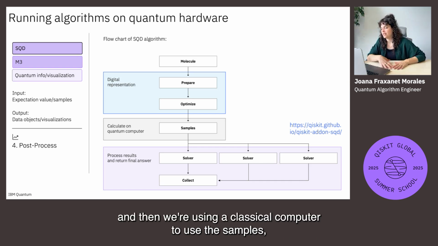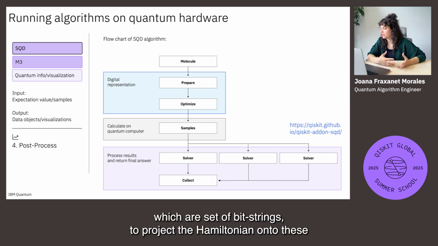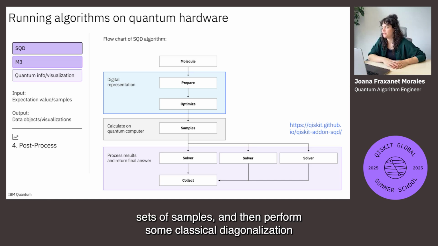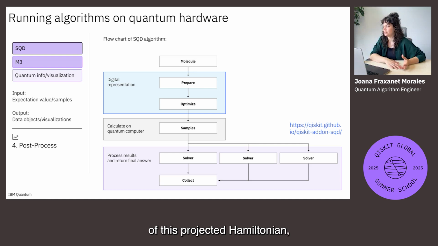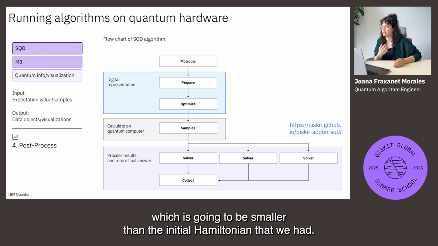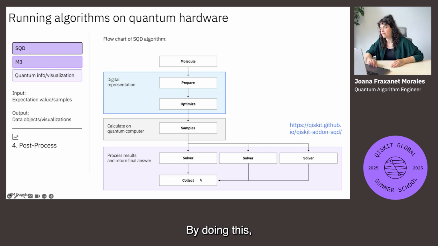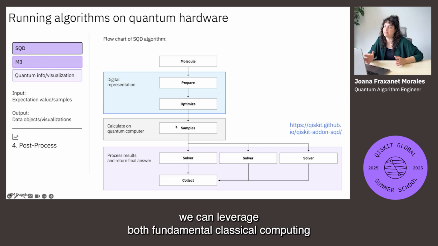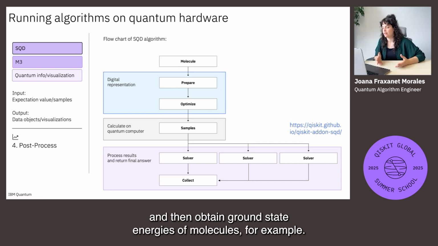And then we're using a classical computer to use these samples, which are sets of bit strings, to project the Hamiltonian onto these sets of samples, and then perform some classical diagonalization of this projected Hamiltonian, which is going to be smaller than the initial Hamiltonian that we had. By doing this, we can leverage both quantum and classical computing, and then obtain ground state energies of molecules, for example.